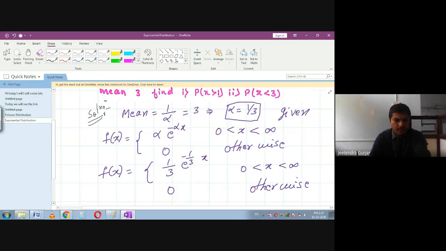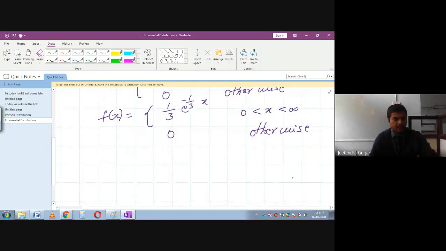Okay, what they have asked you to calculate, I will take the first one: P of x greater than 1. As you remember, p is equal to 1 minus q, and q is equal to 1 minus p.